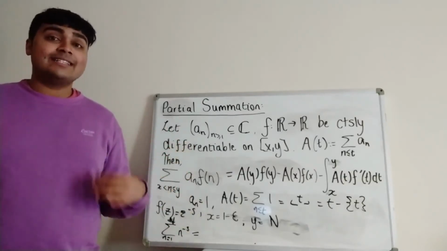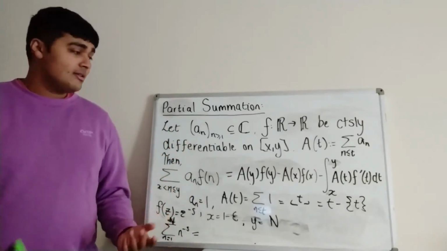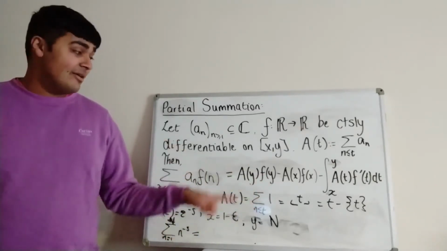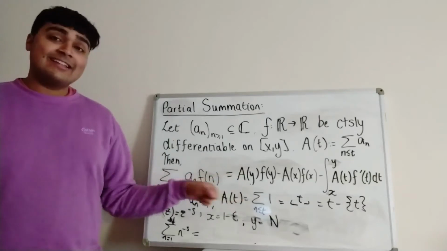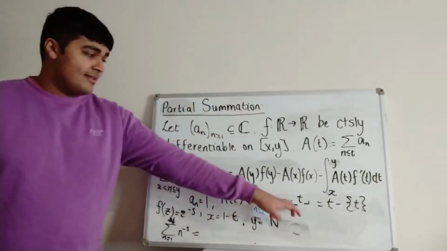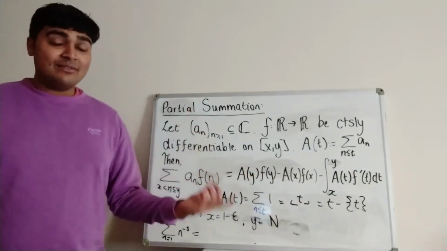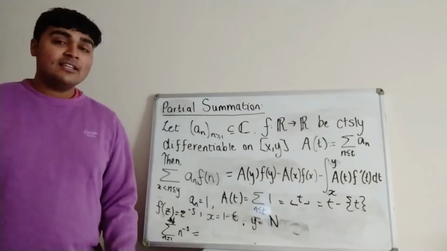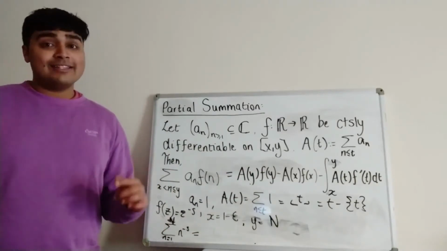Now remember, s here has real part bigger than 1. So that means that f of N is going to tend to 0 faster than A of N is going to tend to infinity, because essentially the floor of N is pretty much the same thing as N when N is large. So we've got roughly N times N to the minus s, which is going to be N to the 1 minus s.